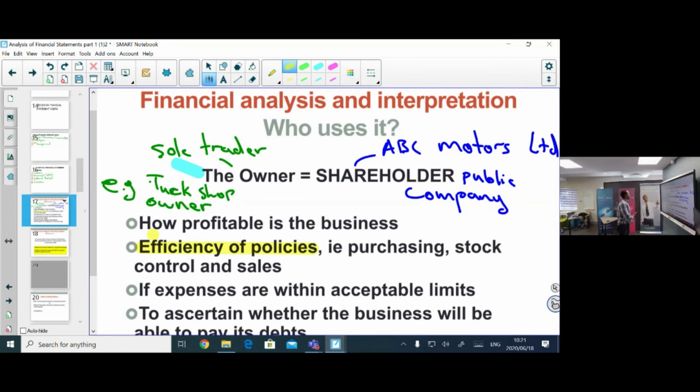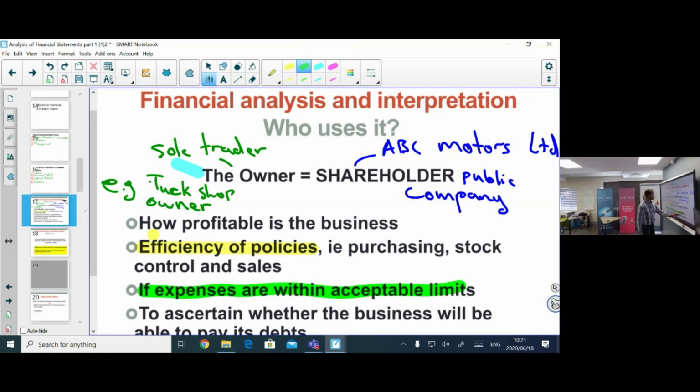And then how do they recognize their assets also, and how do they revaluate their assets that are not depreciating like land? You see, those policies. And yes, let's move forward. If expenses are within acceptable limits, yes, this is very important also.